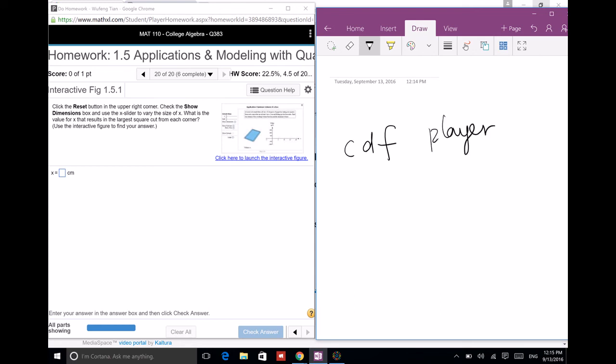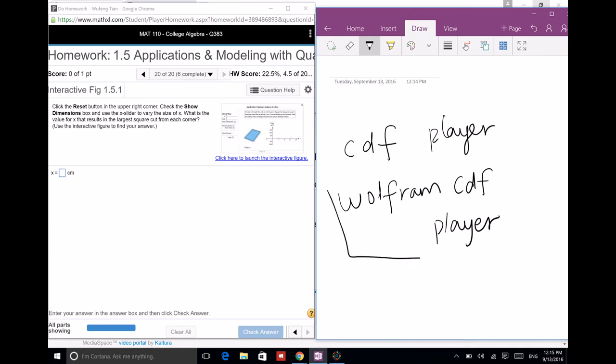You can download the Wolfram CDF player. Okay, you can download this. You do not have to pay for the professional one. Just download the Pearson one, the Pearson product for student version. It is free. It is just for you to open the picture for this one.